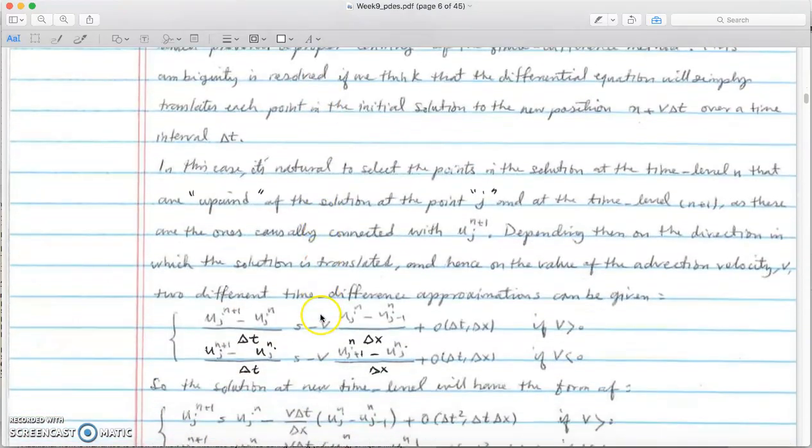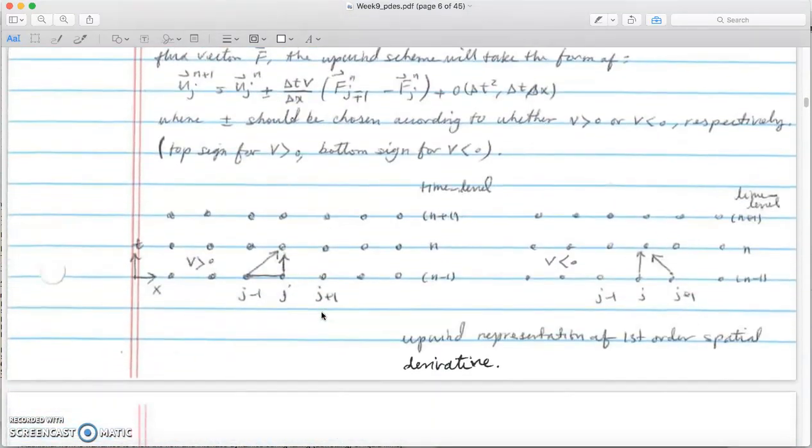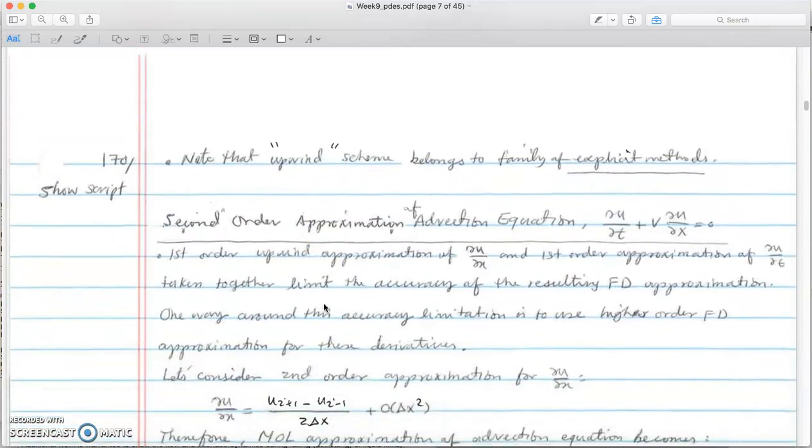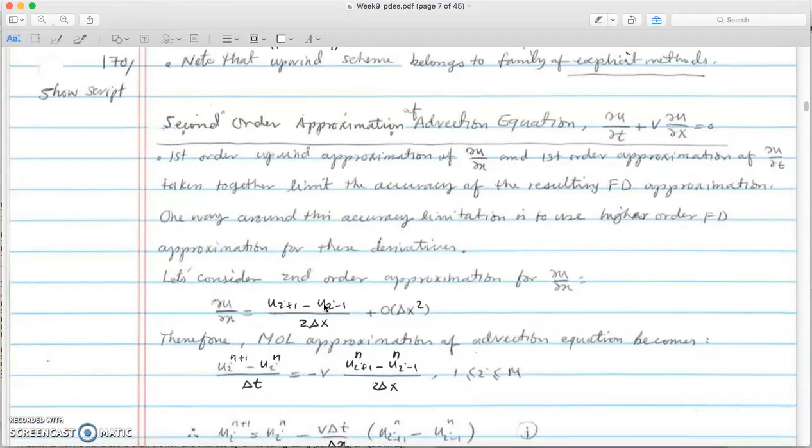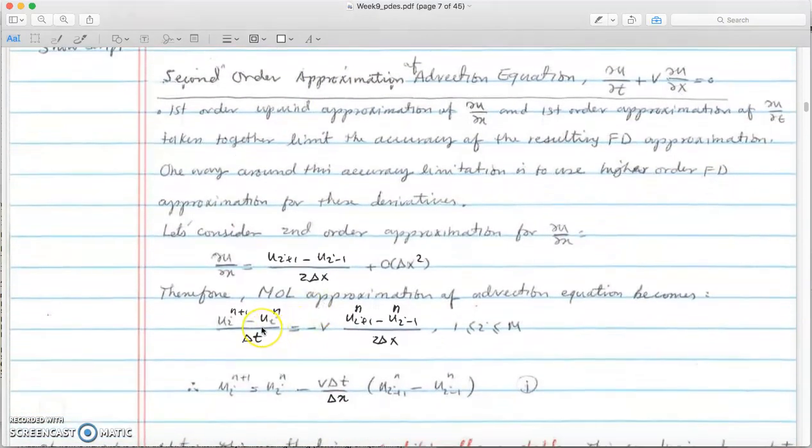So this is it. We started from forward Euler. This is forward Euler in time, and this is central difference in the space because i plus 1, i minus 1 here, and then here is n plus 1. So forward in time, central in the space.